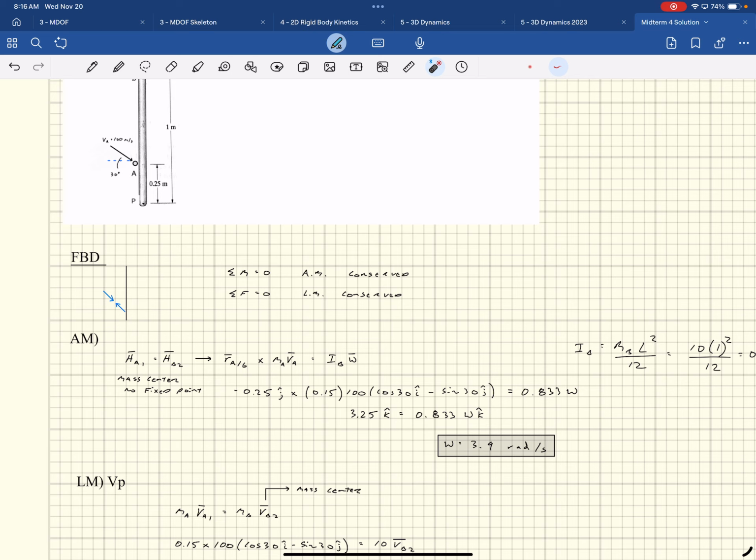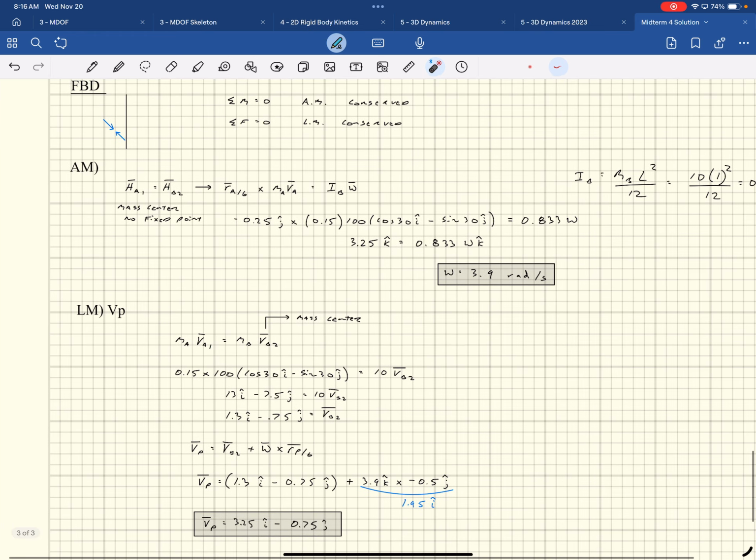The correct way to do it would be to say that this is negative 0.25 in the J, because you're going to A from G. That's the moment arm we're using. 0.15 is the mass of A, and the velocity of A is a vector, right? It's 100 times cosine of 30 in the I direction minus sine 30 in the J direction. A lot of people did that reversed, sine 30 in the I plus cosine 30 in the J. That was a small deduction, but that was also geometry. I got you with the geometry.